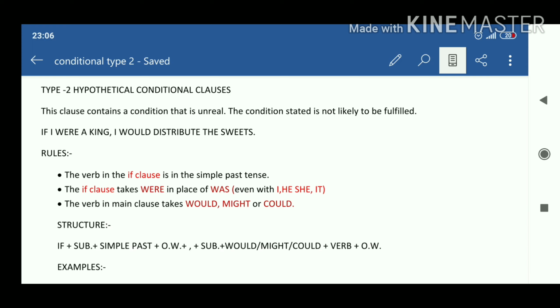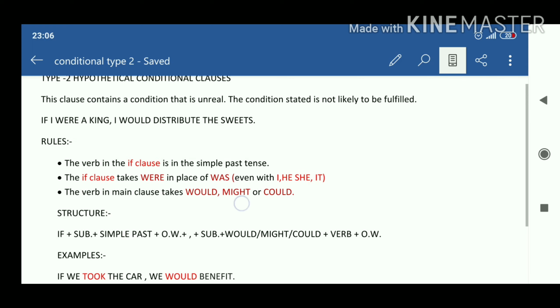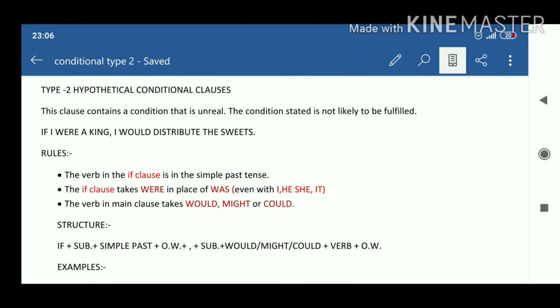The rules for these sentences are: first one, the verb in the if clause must be in simple past tense. The if clause takes the verb were in place of was, even if we have the subject as I, he, she, it. It means even if we have the subject in singular form, still we should use were in place of was.